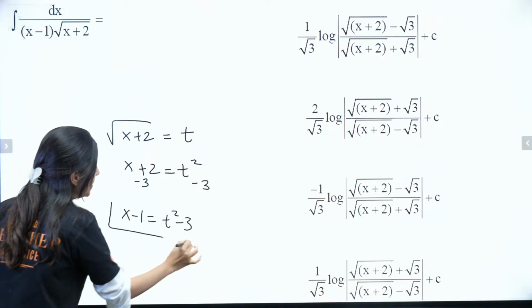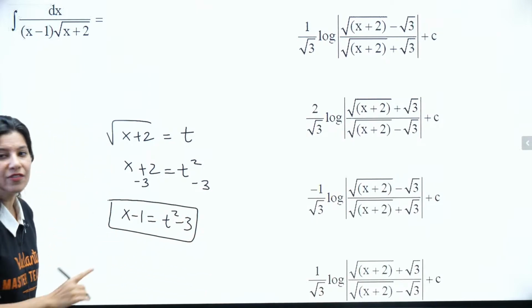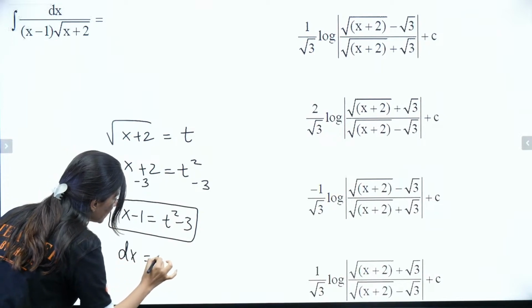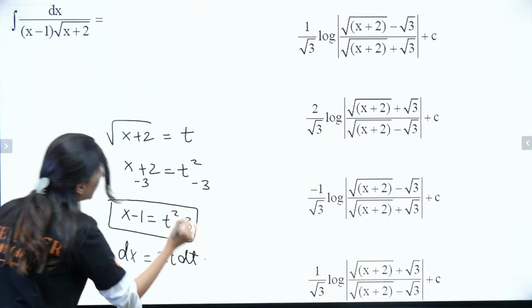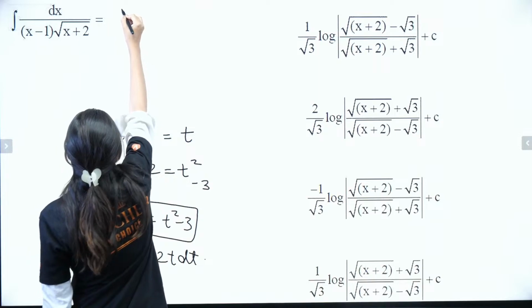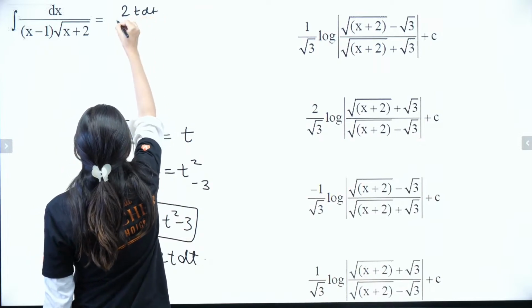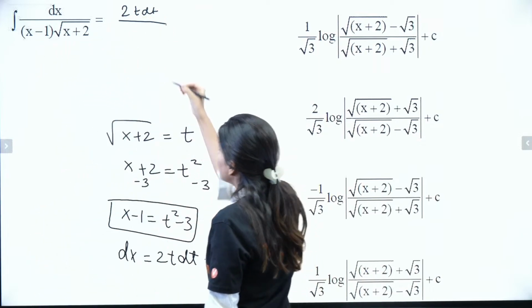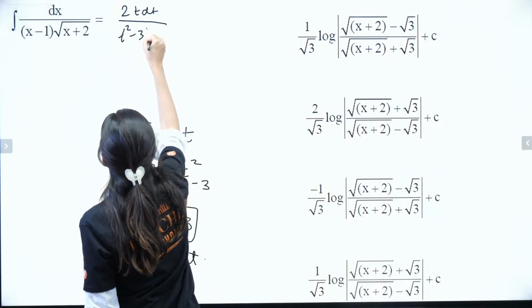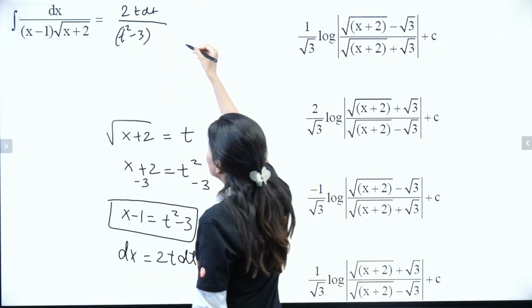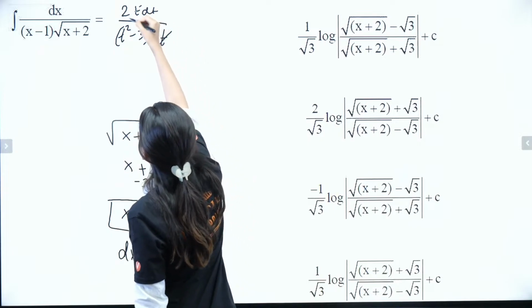Now from here you can right away differentiate. So dx will be equal to 2t dt. Now you just have to plug in the values. dx will be 2t dt, whole upon x minus 1 replaced by t square minus 3, and this x plus 2 will be replaced by t. So t and t are gone.